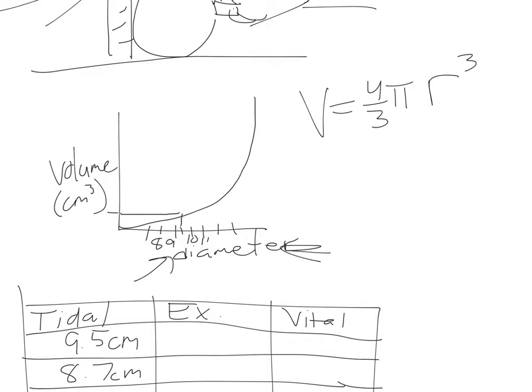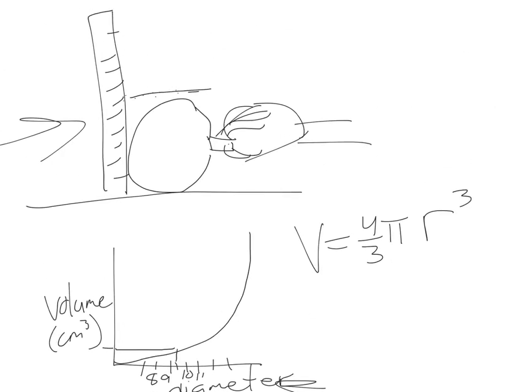Now you have the diameter, so you need to divide the diameter in half before you plug it into here. You measure the balloon from here to here as the diameter. The radius is half of that. So if you take half the diameter, you'll have the radius, and you can plug that in and cube it and multiply it by 4 pi over 3.